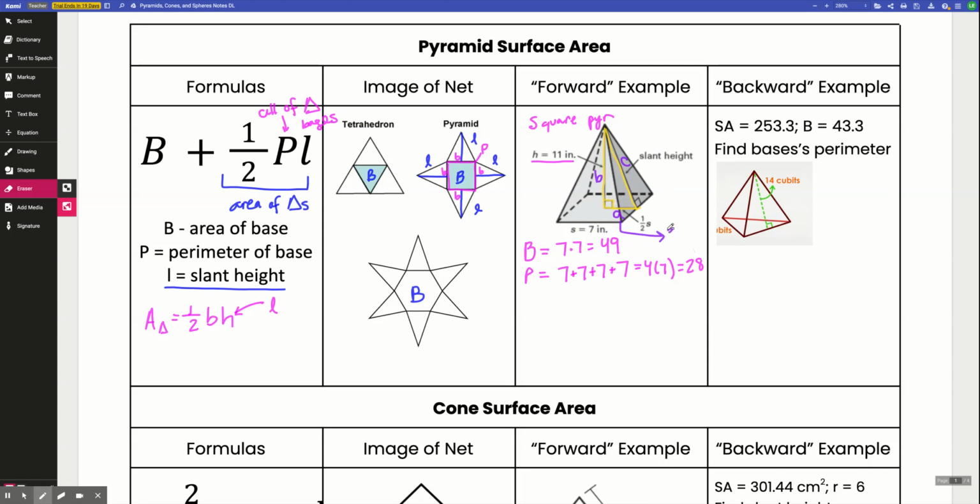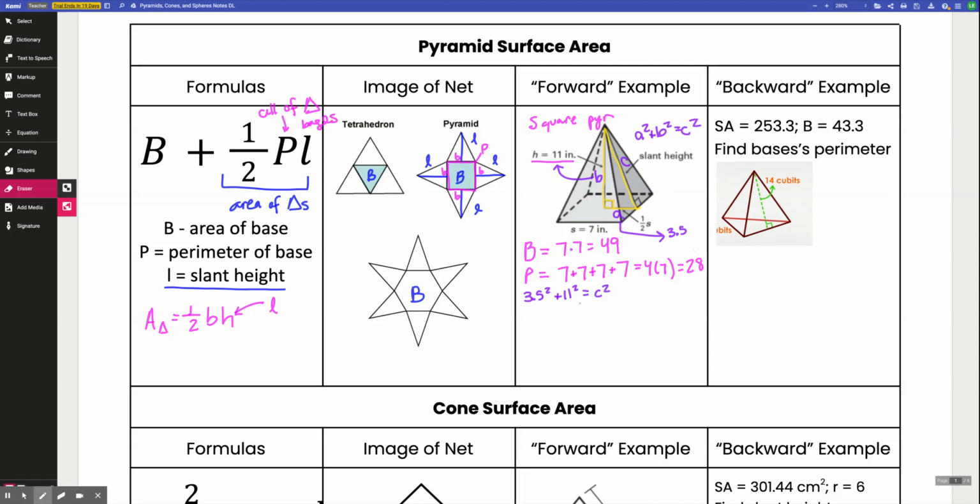So that's 3.5, and then I know that B is 11. So I'm going to plug that information into the Pythagorean theorem to help me find my slant height. So I have 3.5 squared plus 11 squared equals C squared.